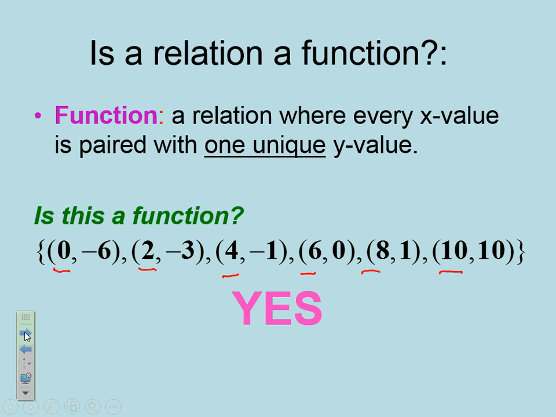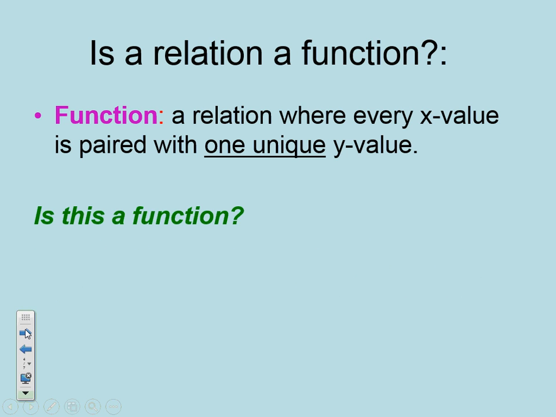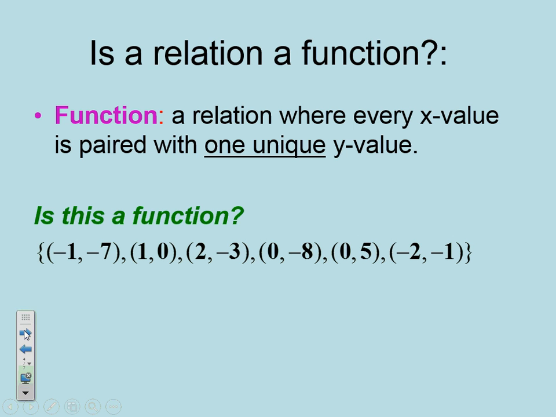Now we're going to look at another example. So make sure you write this next one down. This example here looks like this one. When we look at our x values on this one, I have -1, 1, 2, 0, 0. Oh, wait. Two zeros right here. We have a problem, ladies and gentlemen.